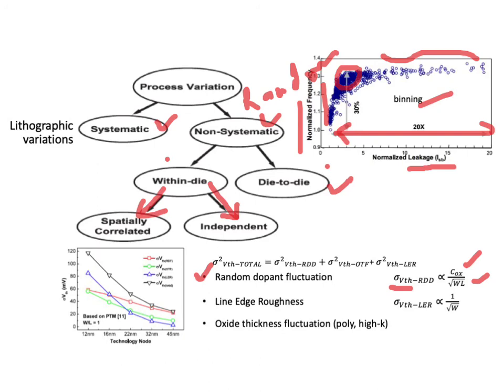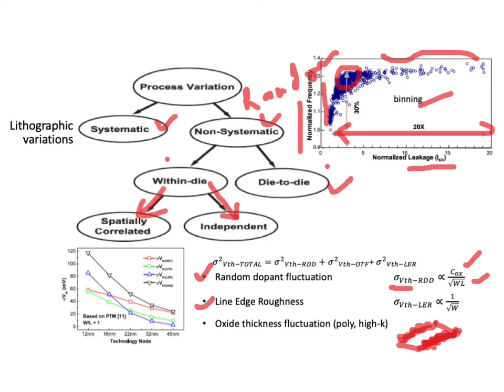The second independent within-die variation is the line edge roughness. That is, if you are building the transistor gate, the actual boundaries of the gate contact itself are not a straight line.